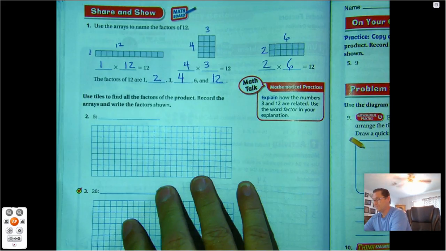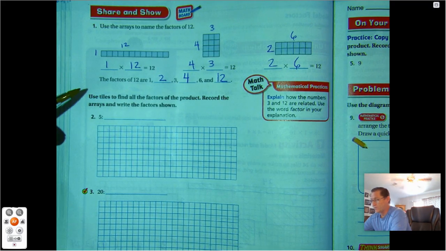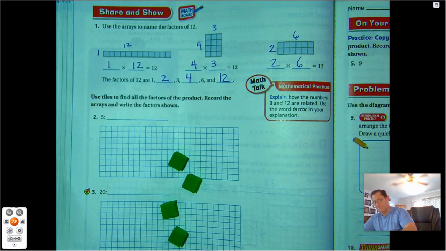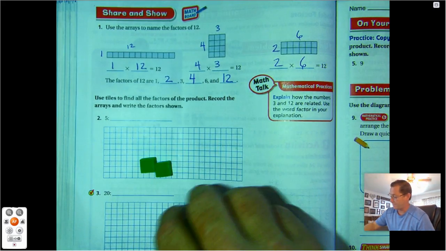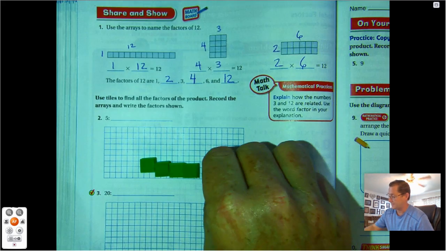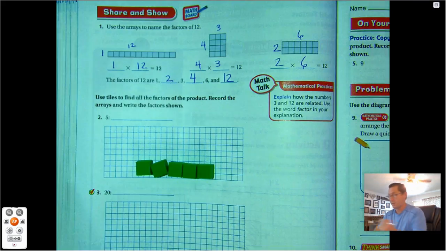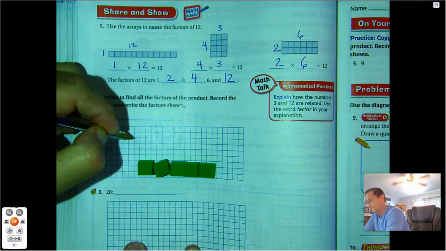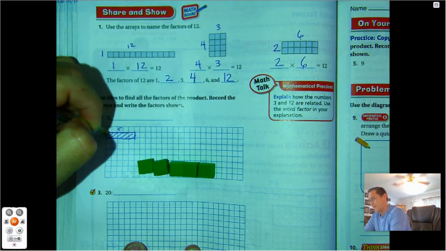Use tiles to find all the factors of the product. Record the arrays and write the factors shown. So if we have 5, can I put them in one row of 5? Well, certainly I can, because every number has 1 as a factor. So I can do 1 times 5. Now let's try 2.